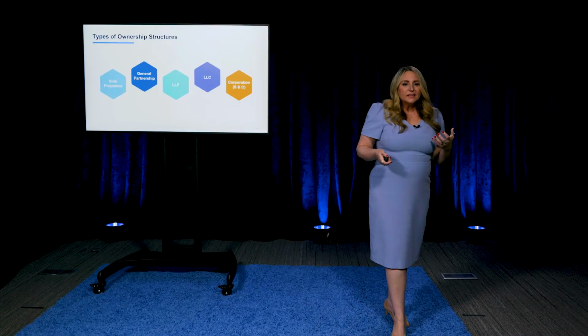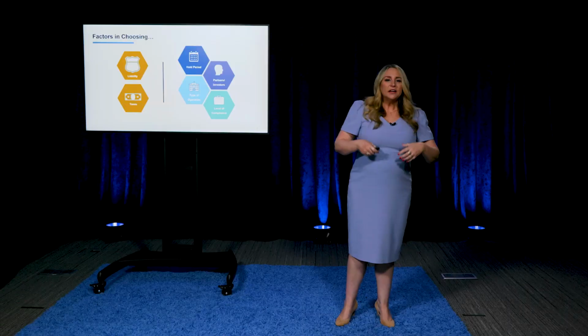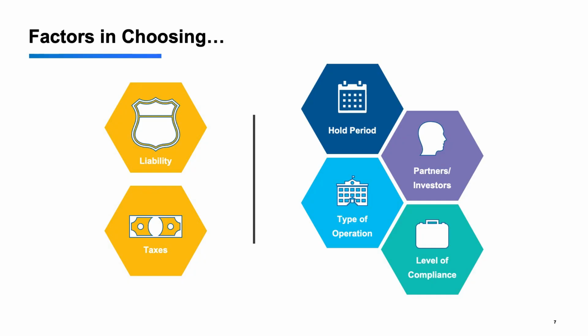The different business entity structures come in a variety of shapes and colors. The one you pick should meet the best combination of factors in meeting the goals for the business and helping to pay the least amount in taxes. Now, there are multiple factors to consider. You want to consider liability protection in addition to saving money on taxes.